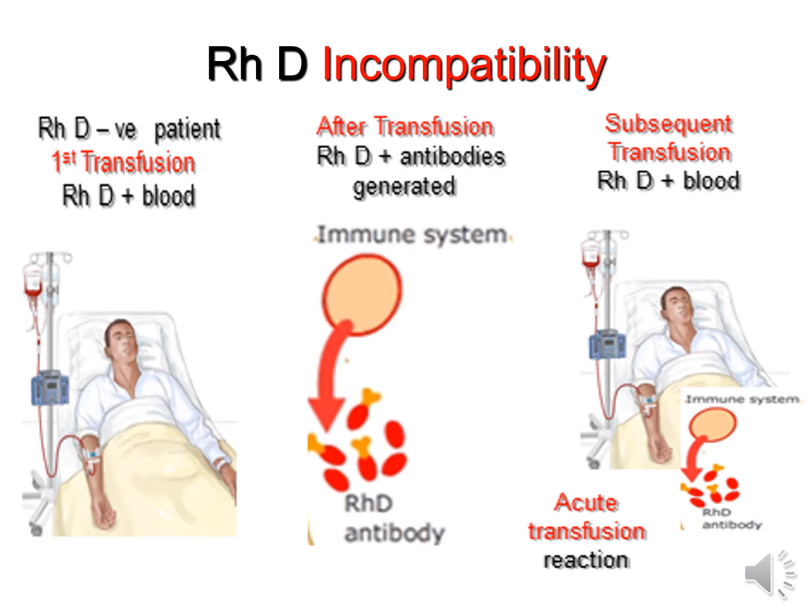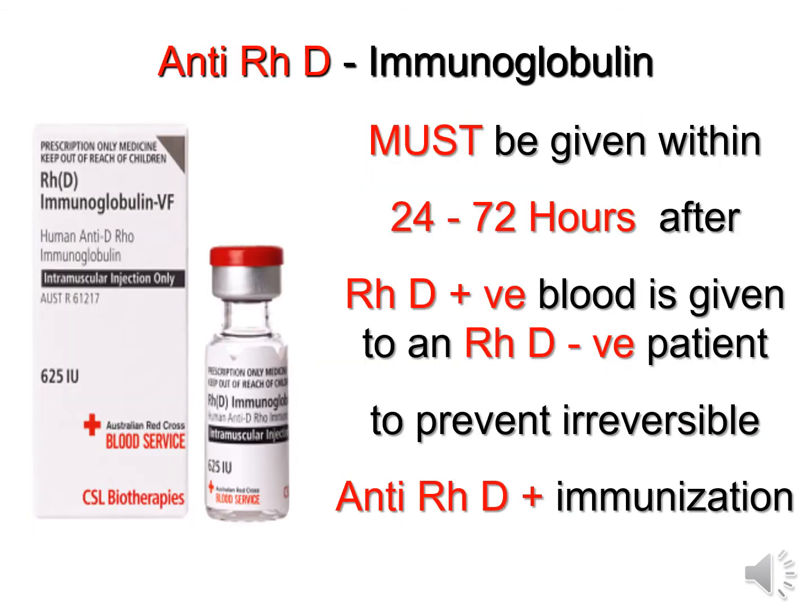Rh-D positive incompatibility. If an Rh negative person does have Rh positive blood administered, or as in the fetal situation, anti-Rh-D immunoglobulin has to be given within 24 to 72 hours after the Rh-D positive blood is given to an Rh-D negative patient to prevent irreversible anti-Rh-D immunisation.